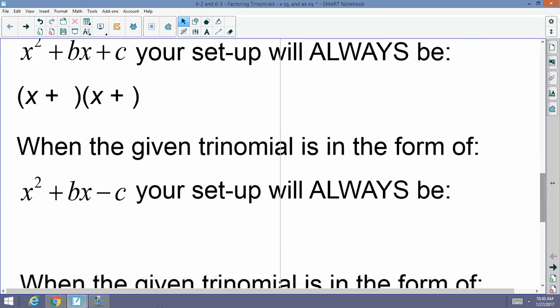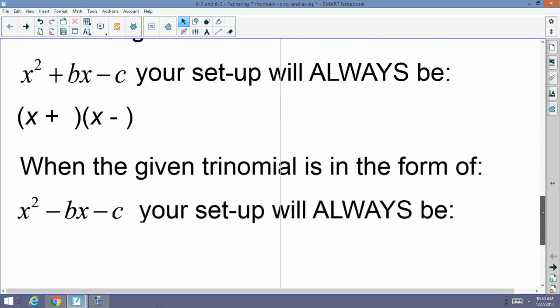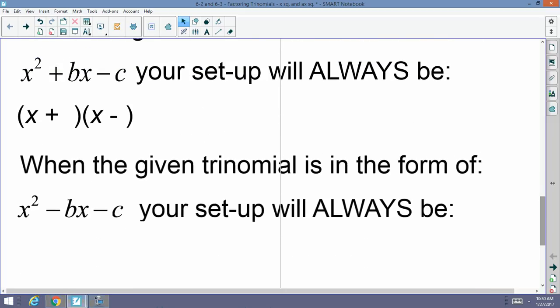Now, when the given trinomial is in the form of x squared plus bx minus c, you're going to have a plus and a minus. It's going to be x plus, x minus. Every time. There's no exception to this. When the given trinomial is in the form of x squared minus bx minus c, it's also going to be in the form of x plus, x minus.